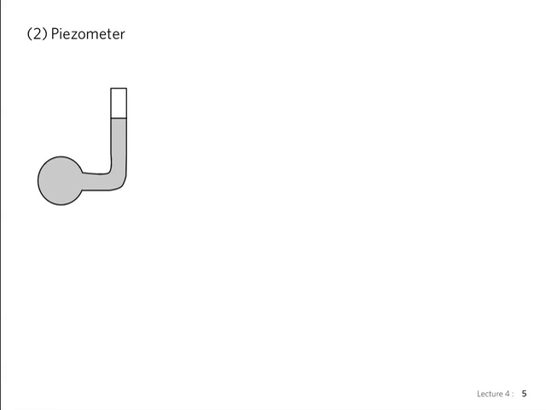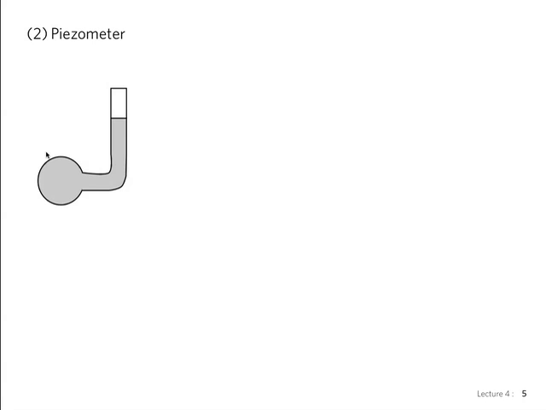A piezometer is used to measure pressures, for example, inside a tank. I've drawn this little circle, but it could be a big tank containing some sort of liquid. In a big tank that contains, say, gasoline or water, at the point where you want to measure the pressure, you can just have a little hole and a tube, vertically upwards, connected to the atmosphere. That height will indicate the pressure.